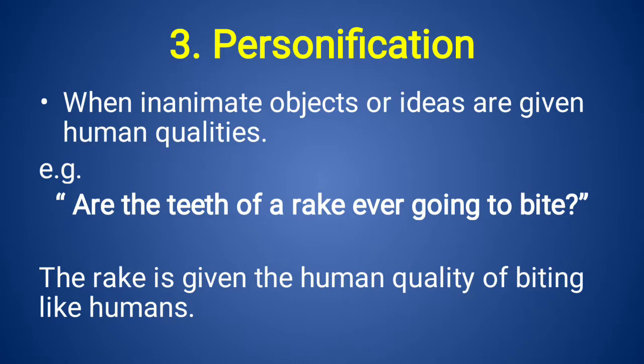So here I have written one example, that is, are the teeth of a rake ever going to bite? Of course, a rake is an instrument which is used in farming activities, and this rake has been given the human quality of biting. So due to that we have the figure of speech which is called personification. So this is all about personification.